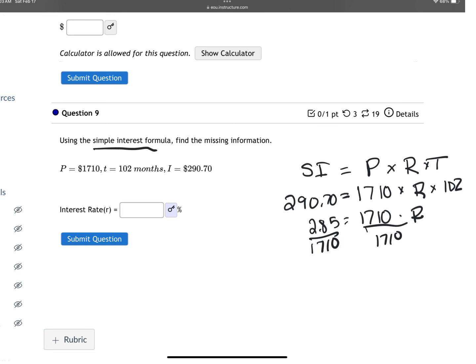And I get 0.001667 equals our rate. And so that would be, as a percent, move the decimal over 2 places, 0.1667 or 0.2%.